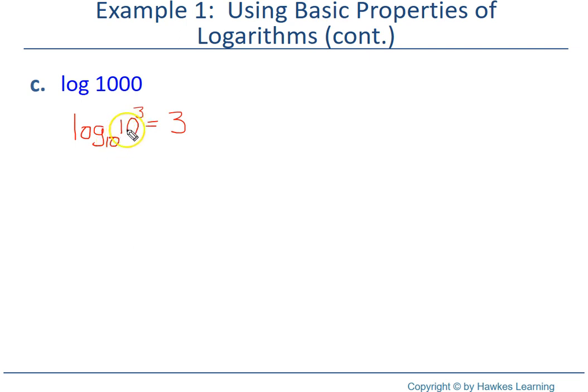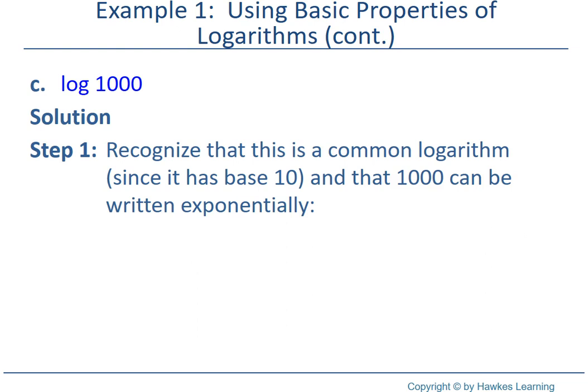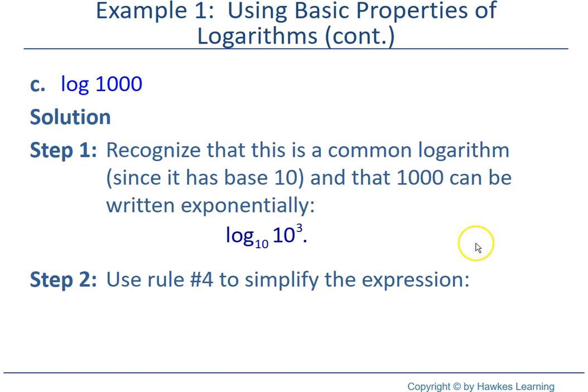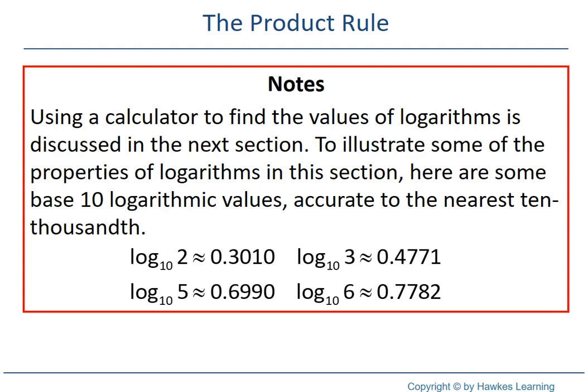When these two items are the same, whatever is in the exponent position, that is your answer. This is rule number 4. And there is part of the answer, the common logarithm. When there is no base, it is 10. So the 10 and the 10, the 3 then will equal 3. Okay.